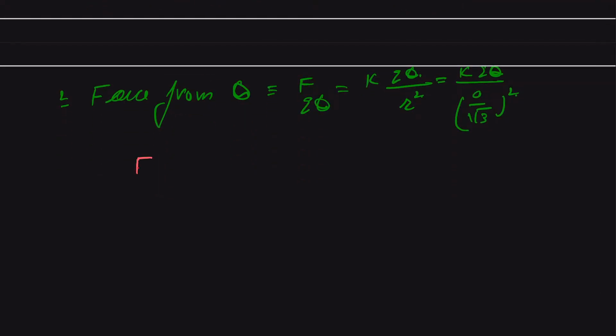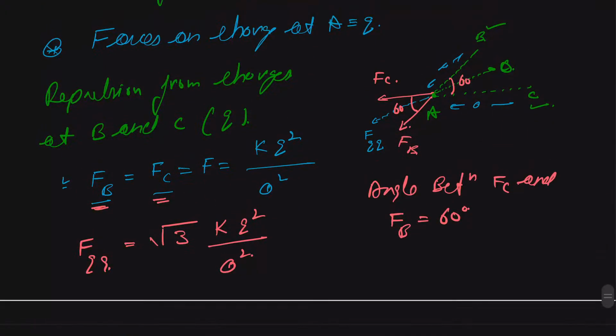Therefore, we get that F_QQ will be equal to 3 K Q Q upon A square. So this is the magnitude of the force, and we are going to keep this in a modulus. Because in the question it is given that the net force on this A is 0, obviously this F_QQ will be acting in the opposite direction to that of this F small qq.